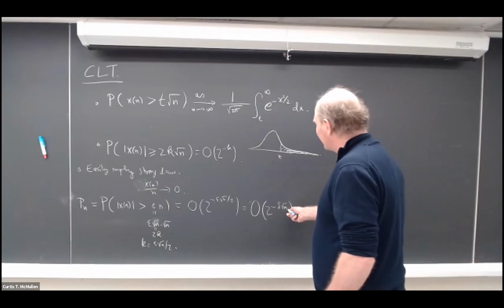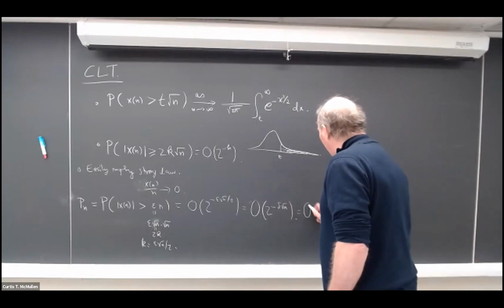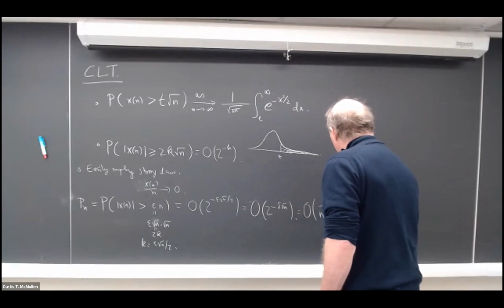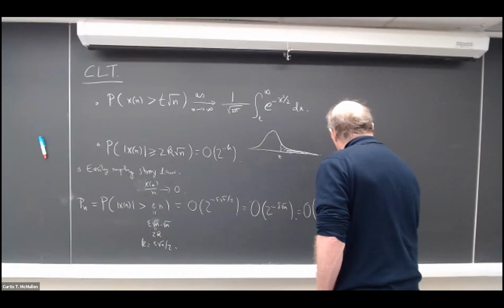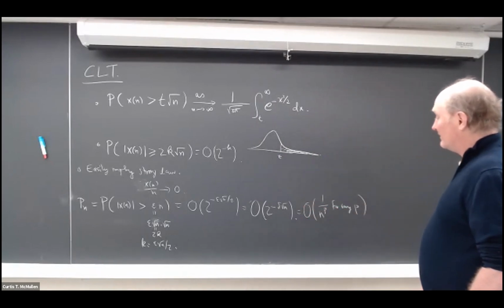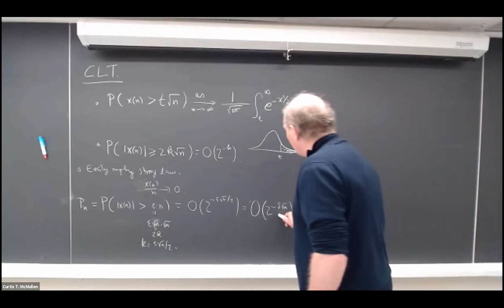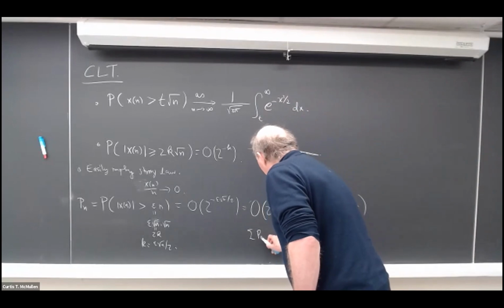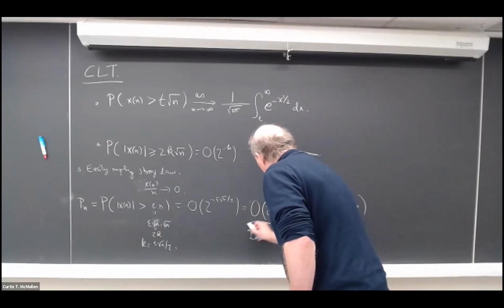It goes much faster than any power of n, for example. So this is big O of 1 over n to the p for any p. It's not quite geometrically fast, but it's still very rapid. And in particular, that implies that the sum of Pn is finite.